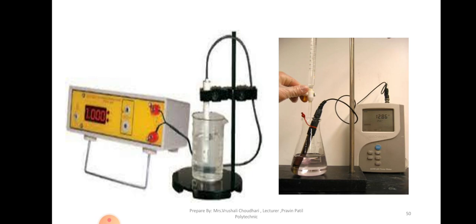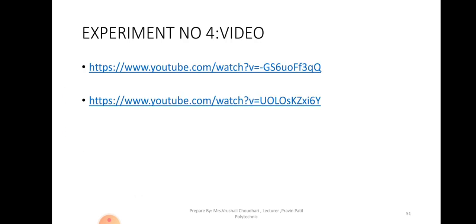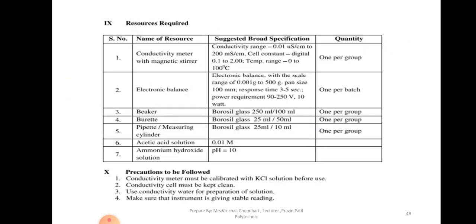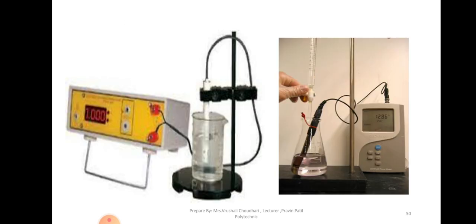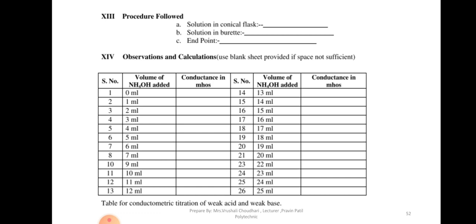But when we add the base, the number of ions in the solution increases, so conductivity is going to increase. We will note down the conductance reading at each ml. When we add 1 ml of solution, we will note down the reading till we get a stable reading, and we will note this reading in an observation table.